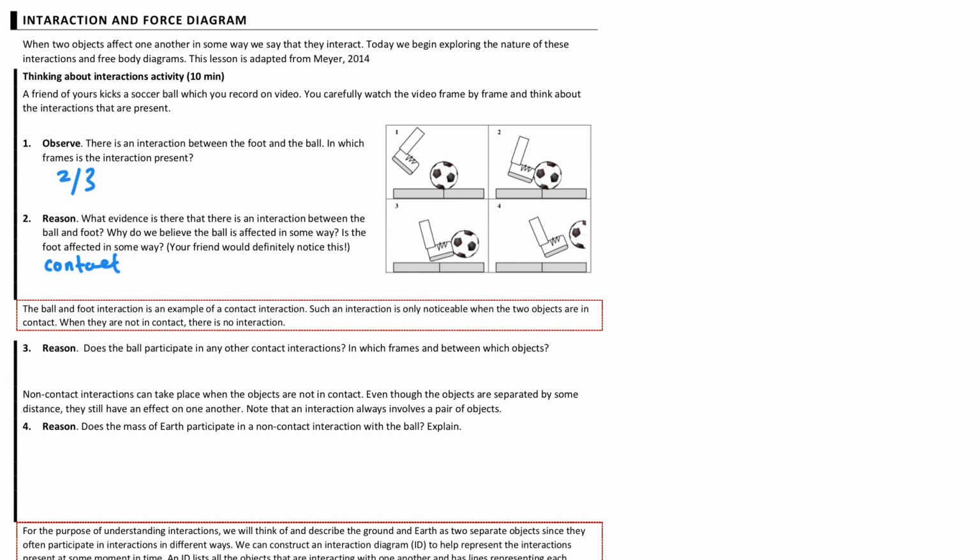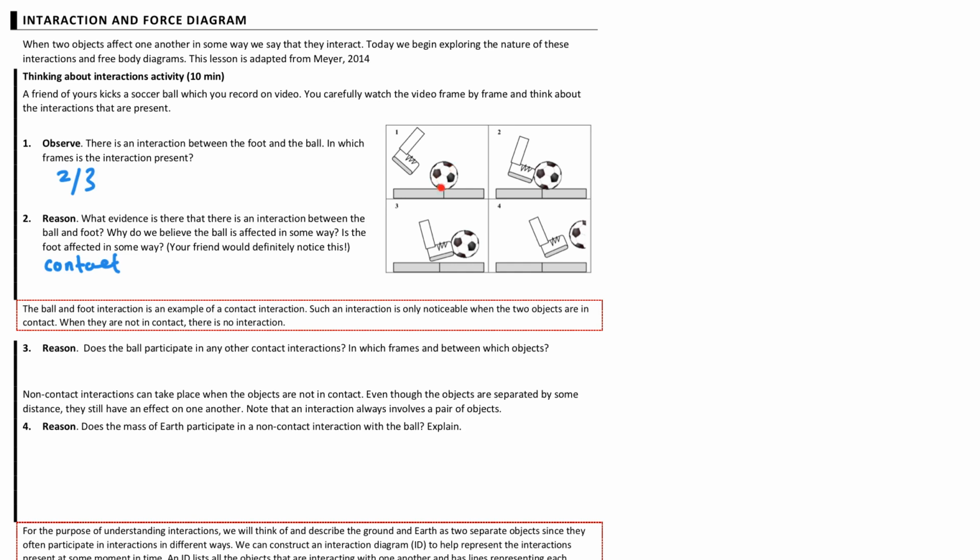Note that the ball and the foot interaction is an example of contact interaction. Such an interaction is only noticeable when the two objects are in contact. When they're not in contact, there is no interaction. Now, does the ball participate in any other contact interaction? In which frame and between which objects?